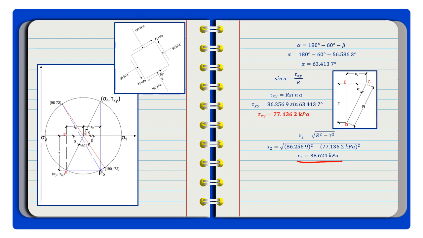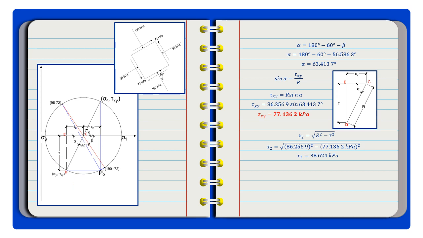Pero hindi pa siya yung hinahanap natin na normal stresses ng horizontal at vertical plane. So, para mahanap natin muna, ang unahin nating hanapin is yung sigma or yung normal stress nung horizontal plane natin.